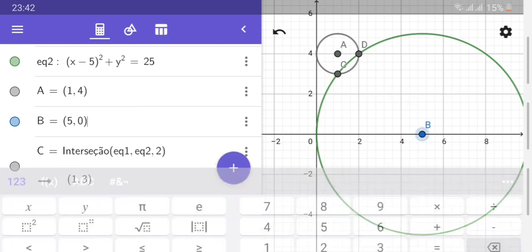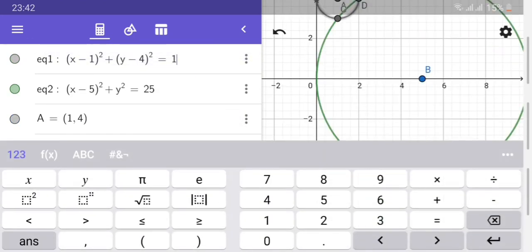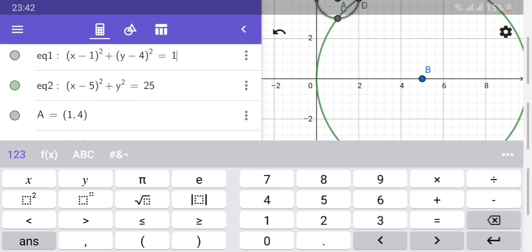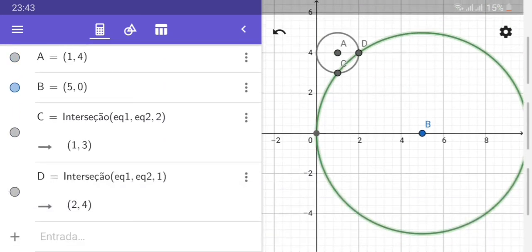For the center of B, 5 and 0, and here it is given as the radius squared. Here it is 5 squared, so it is 25, and these points over here are the points of intersection between them, so 2 and 4, and the point C, so the point C is 1 and 3.